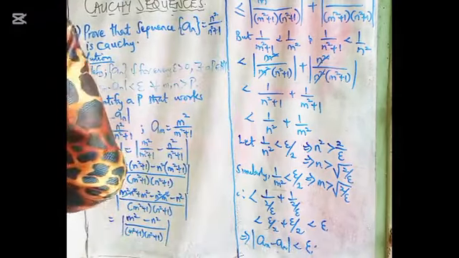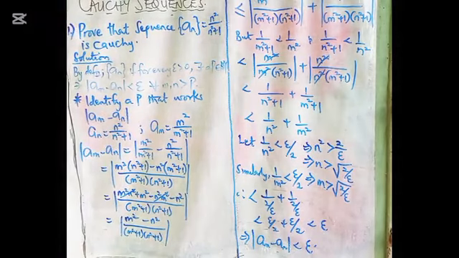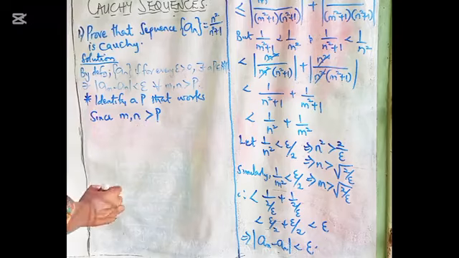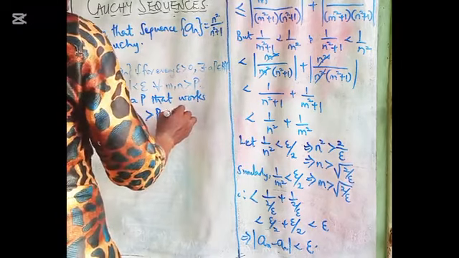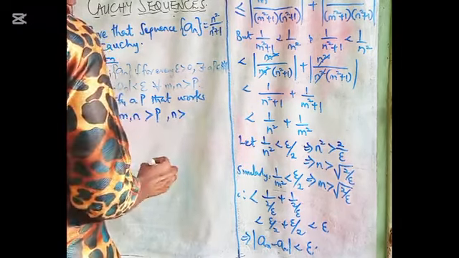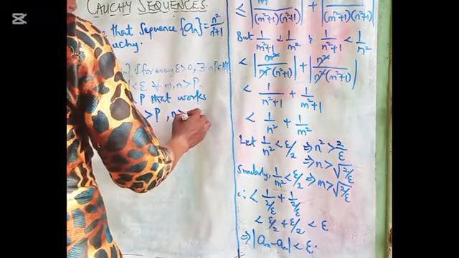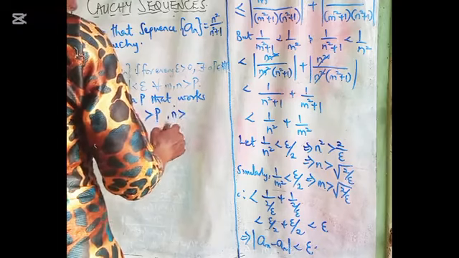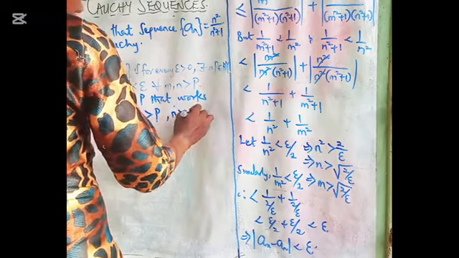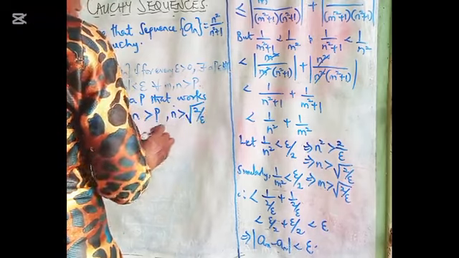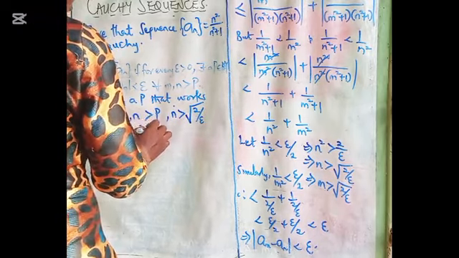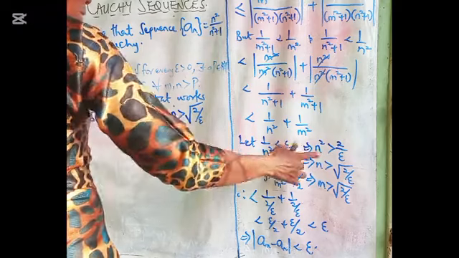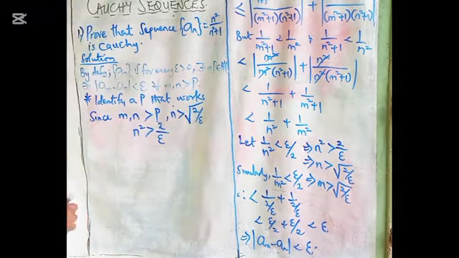So we'll now go ahead to prove it. Since m and n are greater than p, or better yet, n is greater than the square root of 2 over epsilon, or n squared is greater than 2 over epsilon, as we have there.